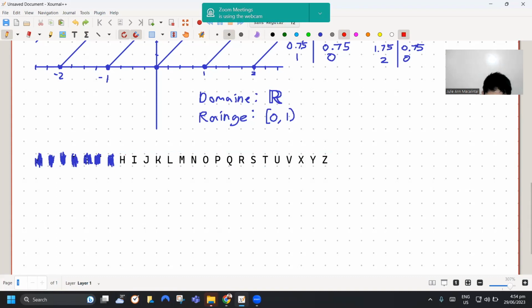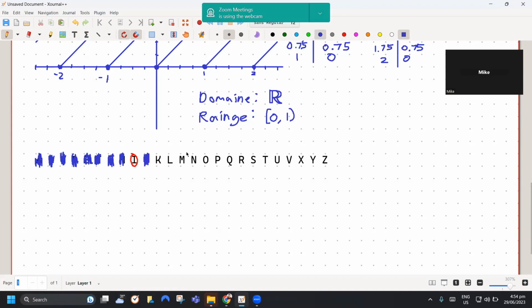So, hindi pwede. Kasi, tingnan mo, yung horizontal bar may problema. Kasi hindi yan function, dahil for each x, you have many y's. So, for me, wala pong service. J, no. Okay.